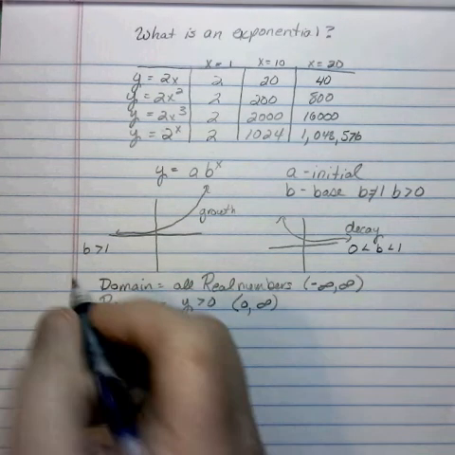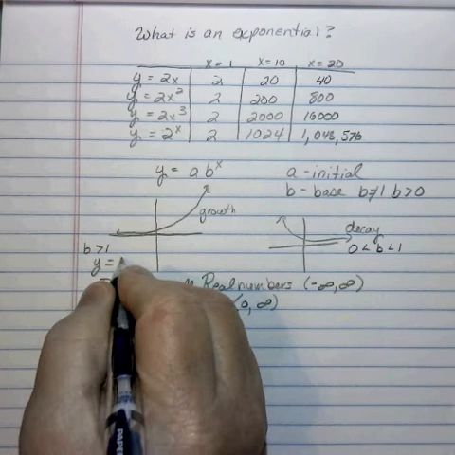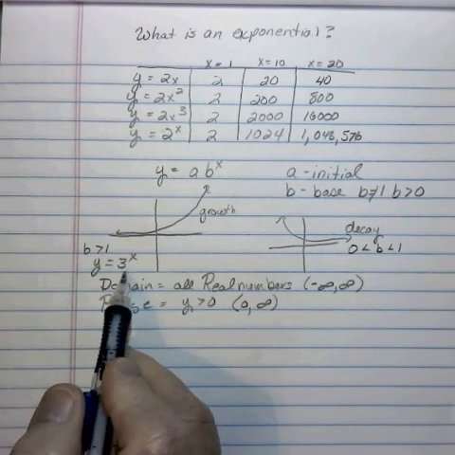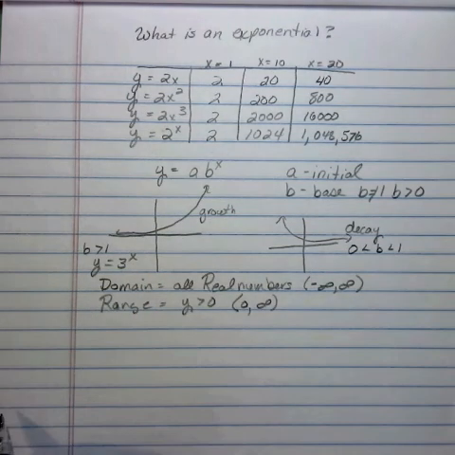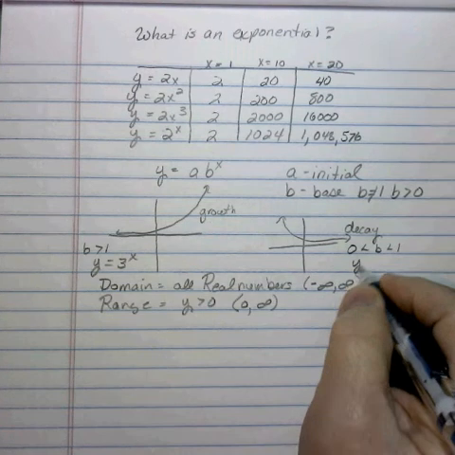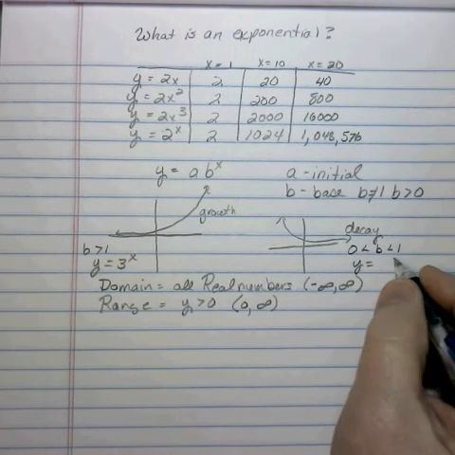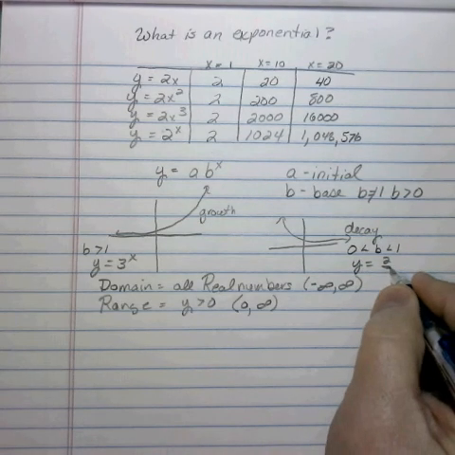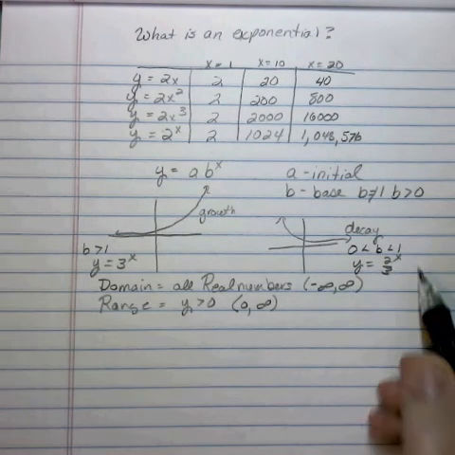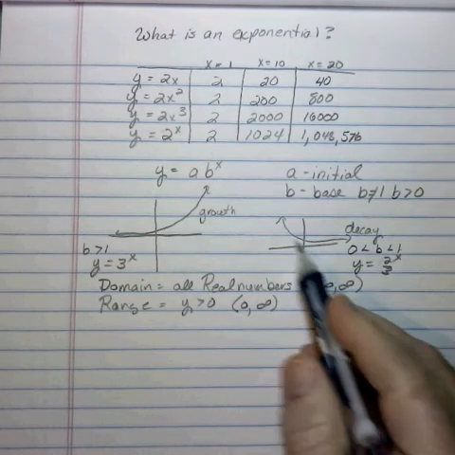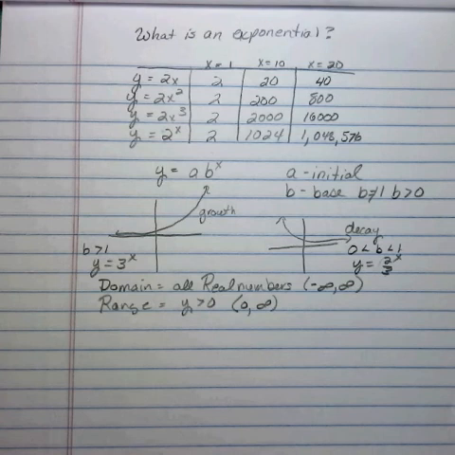So an example of this would be y equals 3 to the x power. That base is bigger than 1, so it would represent a growth exponential. An example here of a decay would be y equals 2/3 to the x power. That value of the base is between 0 and 1, so that's why it represents a decay exponential function.